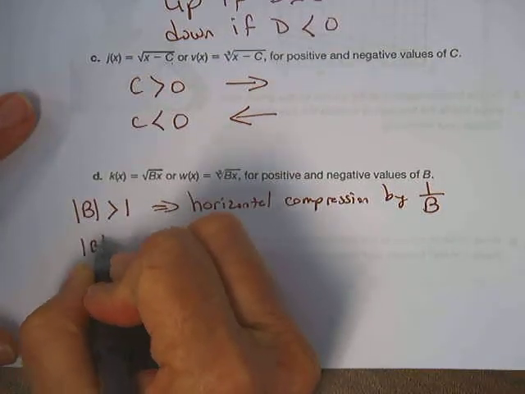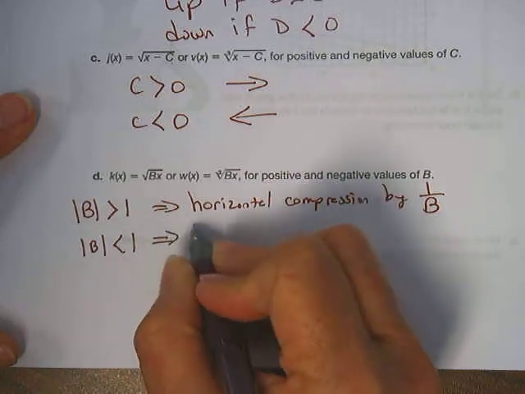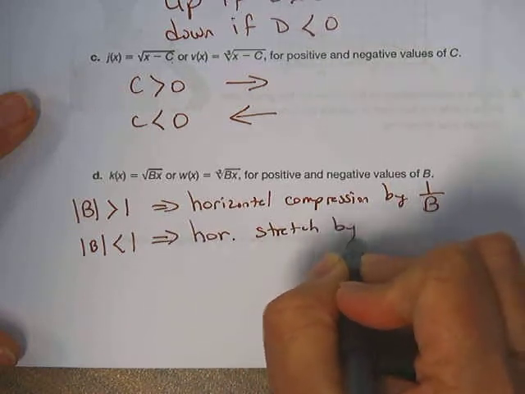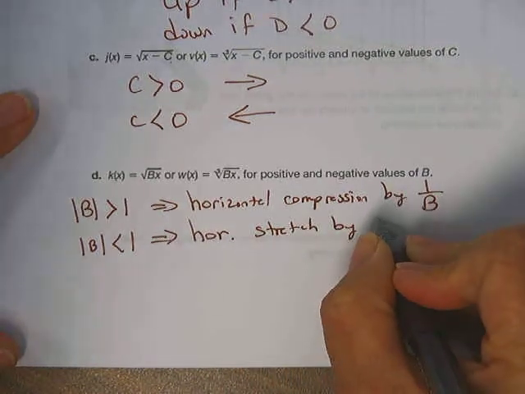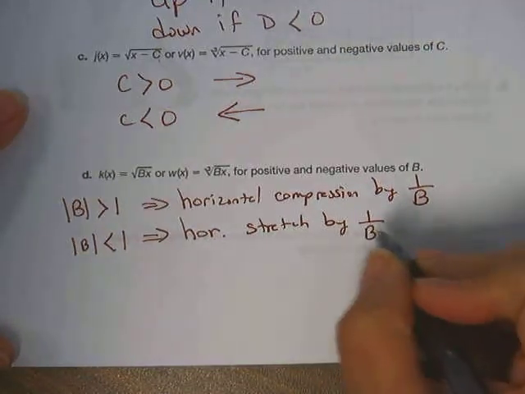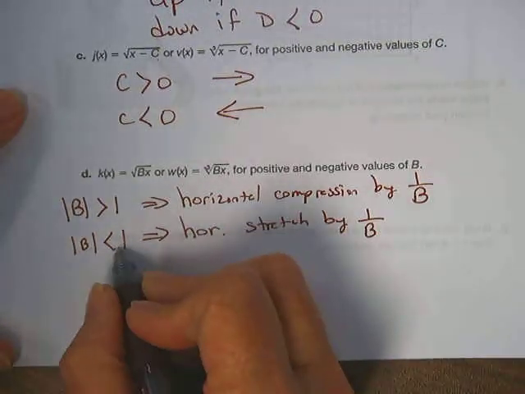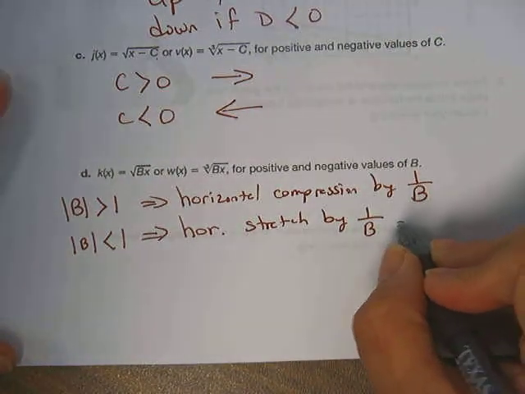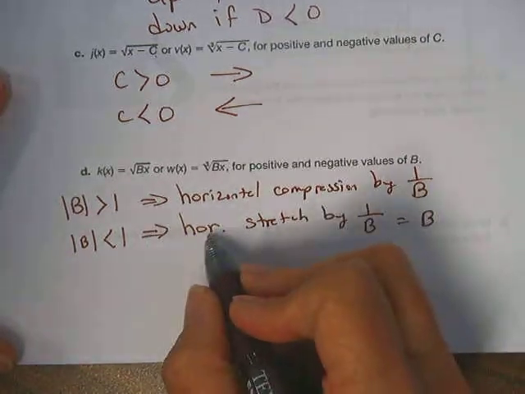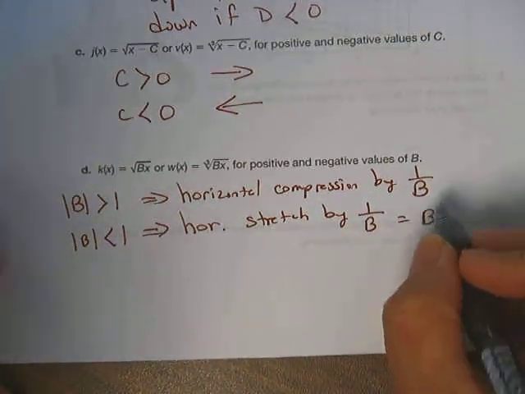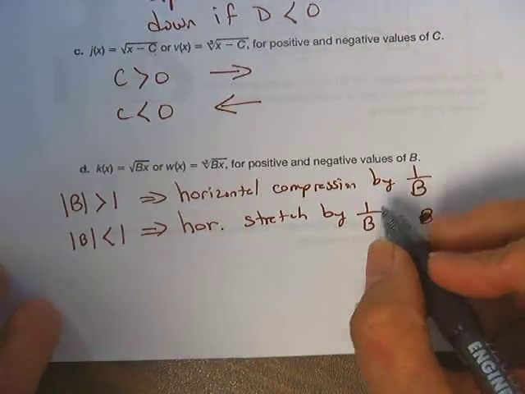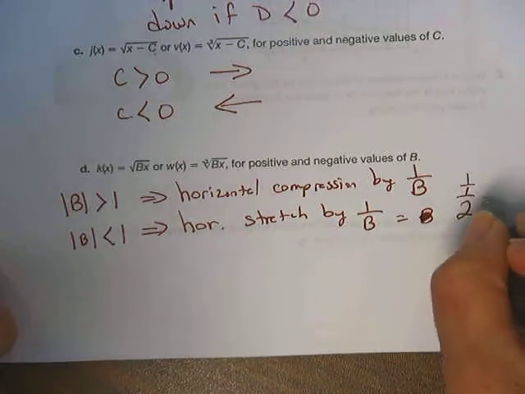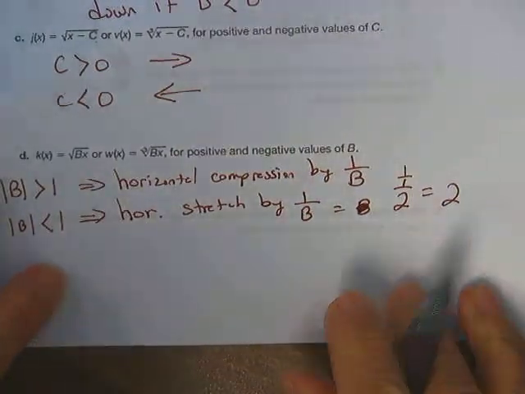If the absolute value of b is less than 1, we get a horizontal stretch by the value of 1 over b. And in this case, because it's a fraction, we'd have to take the reciprocal of that. So that really is equal to b. So the horizontal stretch is by the value of, well, let's use an example. If b was 1/2, the horizontal stretch would be 1 over 1/2, which equals 2.